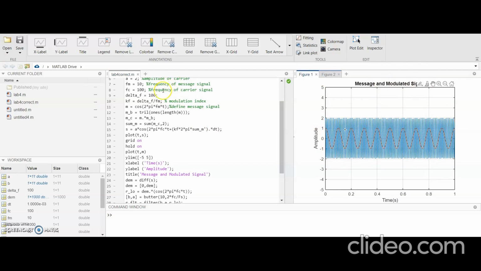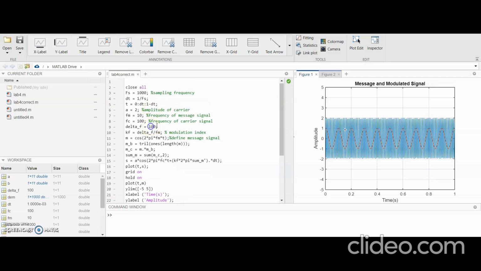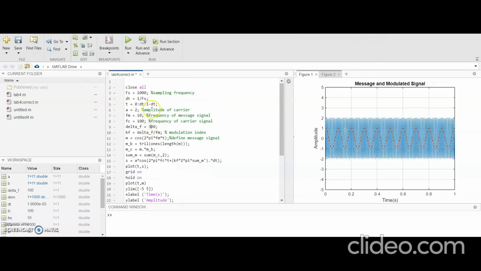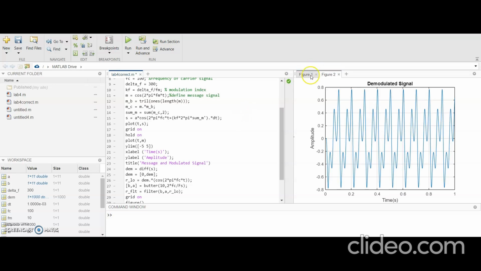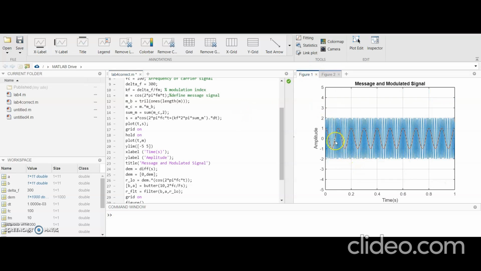When we change it to 300 and run, the graph will be like this, and the modulated signal will become more modulated.